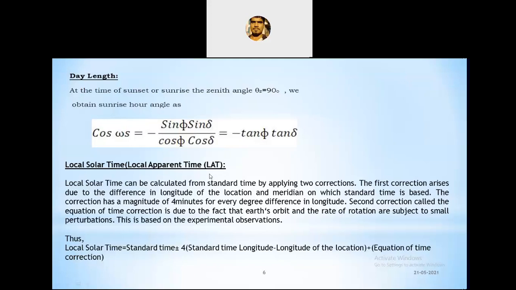And the second correction is called the equation of time. The correction is due to the fact of the earth's orbit. It is because of the earth's orbit, and this we can take as a constant.